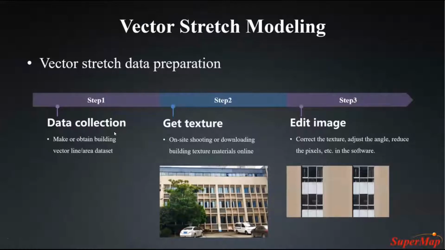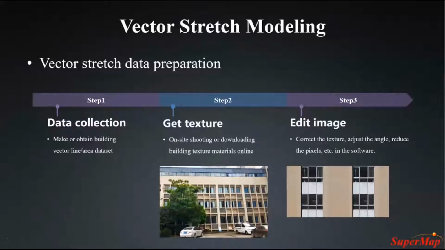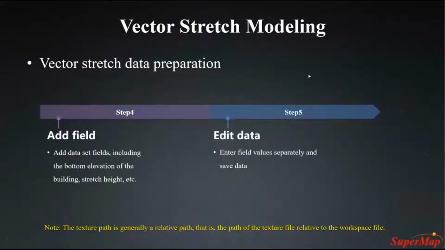It includes creating the texture, adjusting the angle, reducing the pixels or something in software like Photoshop or some other software. Then you should add fields in your data, including bottom elevation, that is the lift altitude of the buildings, the stretch height, and your elevation, your altitude.